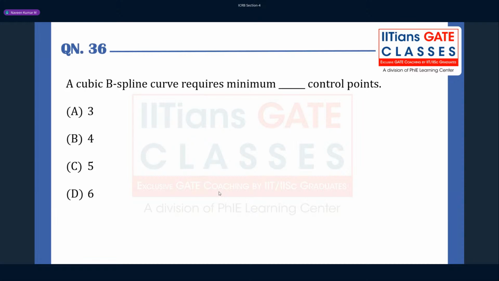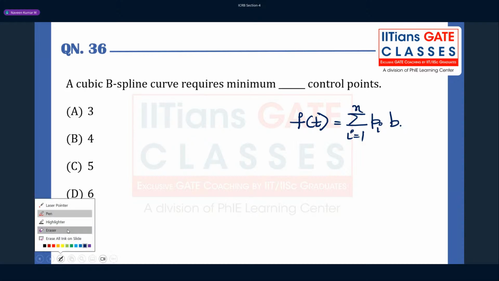First we will define what a B-spline curve is, and then we'll see what the answer is. Okay. So a B-spline is given as some function f of t or f of x equal to the summation of i equal to 1 to n, P_i into B_i.